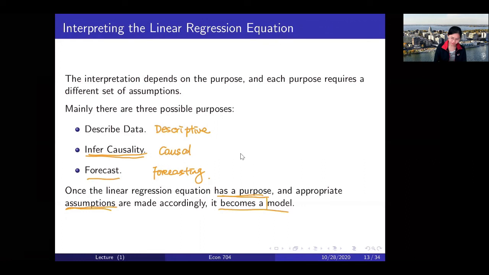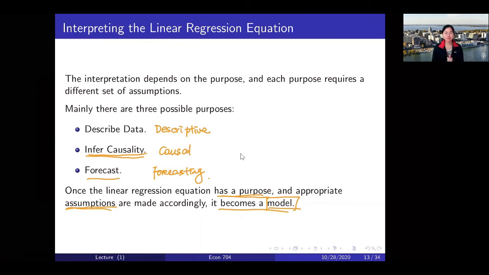So what is a model? If you just write down the linear regression equation as we did on the previous page without telling me anything else, that is just an equation. That's just a mathematical equation that has a bunch of variables on the right-hand side and a random variable on the left-hand side. That's not a model. That doesn't mean anything.